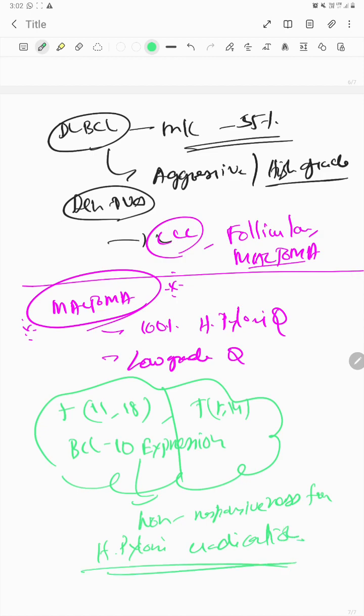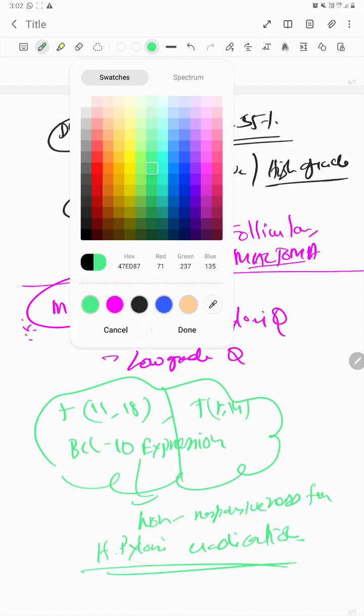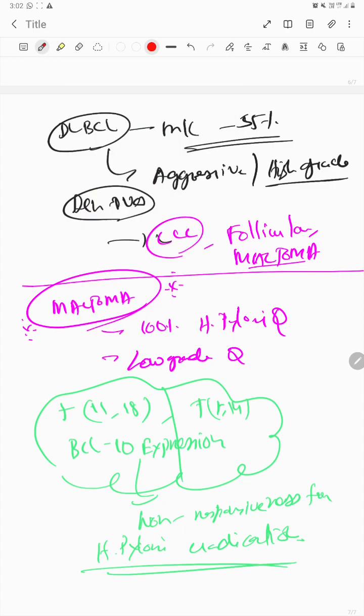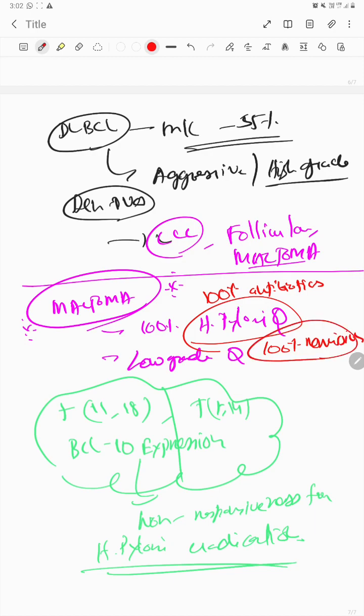So this is one tumor that is 100% associated with H. pylori. Thereby, if we treat H. pylori with antibiotics, there will be 100% remission with the H. pylori kit that is used for eradication.